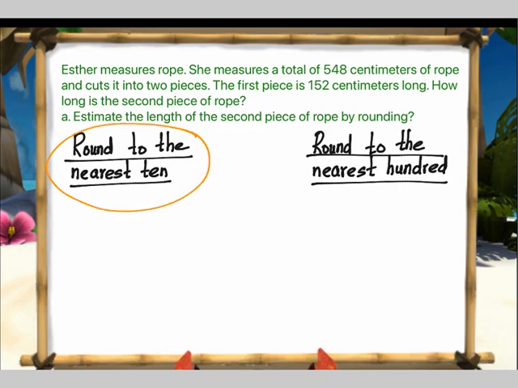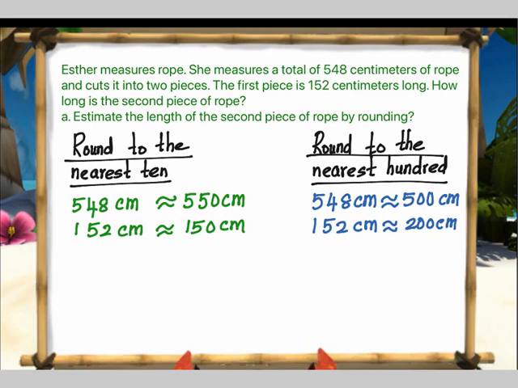First let us estimate by rounding to the nearest 10. So 548 centimeters is rounded to the nearest 10, which is 550 centimeters. And 152 centimeters, when rounded to the nearest 10, becomes 150 centimeters.